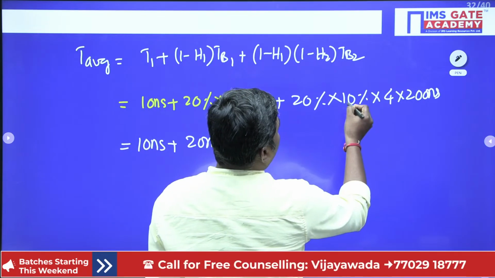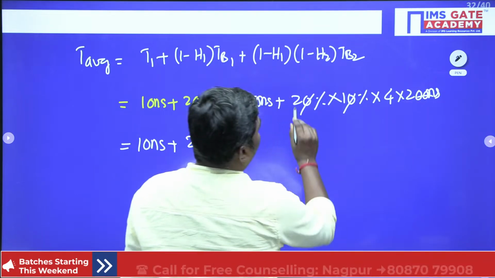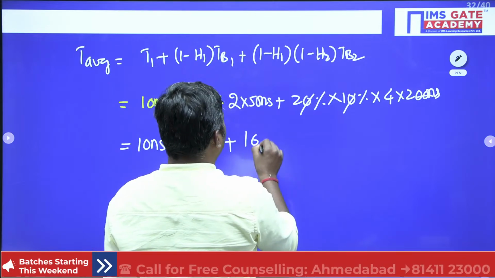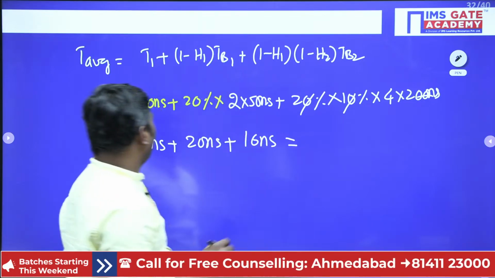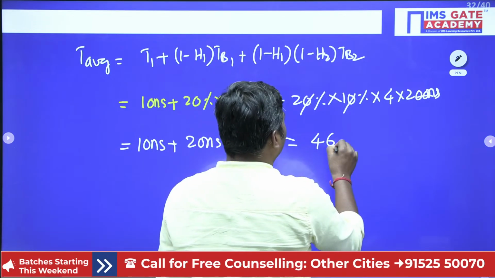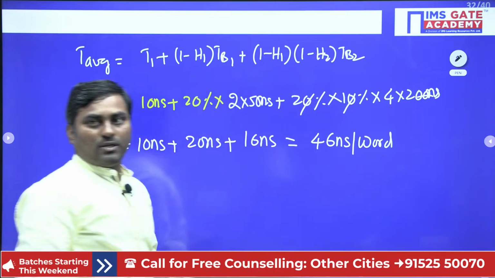So this 0.1 and 0.1 point cancel, right? 2 times 4 is 8, times 2 is 16 nanoseconds. 16 nanoseconds, right? So 10 plus 20 is 30, plus 16, we get 46 nanoseconds. 46 nanoseconds per word is the average access time.